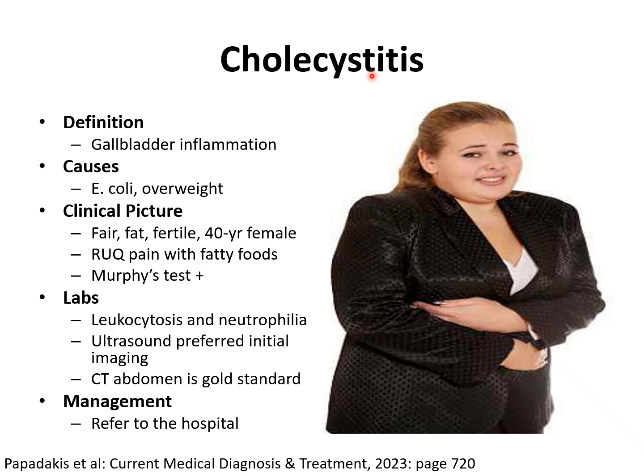The classic presentation of a patient with acute cholecystitis is a fair, fat, fertile 40-year-old female who presents with sudden onset of right upper quadrant pain associated with recent eating of fatty meals. There may be a low-grade fever, and Murphy's test, which we will talk about more in detail when I see you back in the final hour at the end of the week, is likely to be positive.